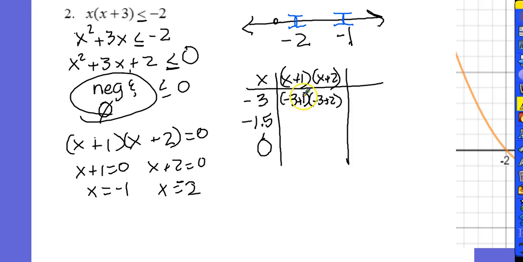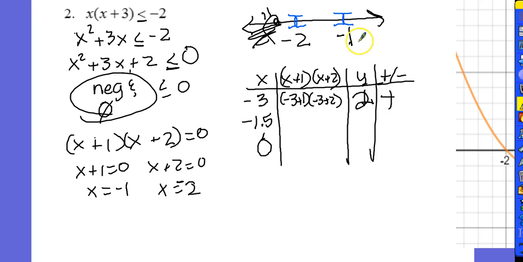Well, -3 plus 1 is -2. -3 plus 2 is -1. So -2 times -1 is positive 2. So that's my y, which produces a positive interval, so we don't want that. Sad face. Because we want negative intervals this time.